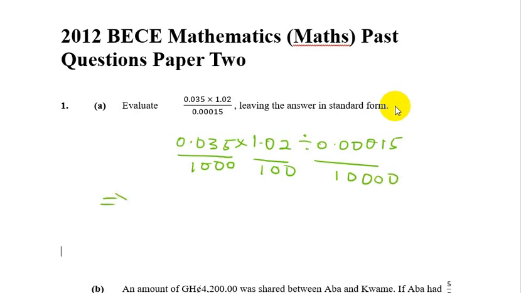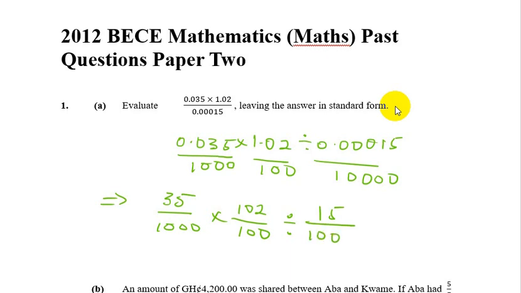Then it will come back to 35 on 1000 times 102 on 100, then divided by 15 on 100000. Are we good? Remember, this is in a bracket, right?